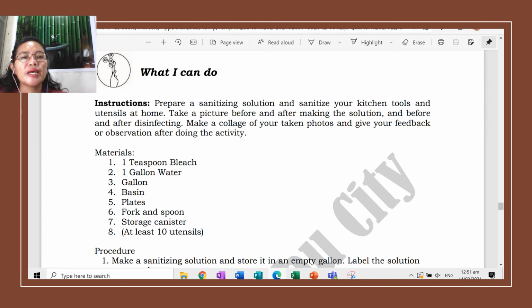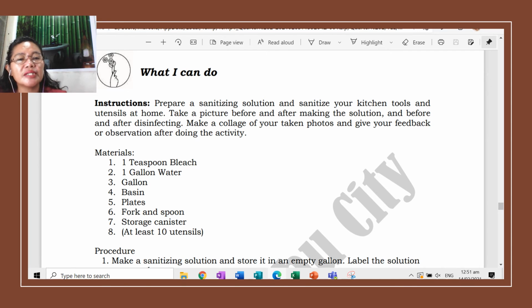You are going to make a collage. Take a picture, then after, make. The direction is very important and instruction is very important. Then you are going to send your collage or your picture to my FB account, which is Teacher Marcella. If you are going to pass late, minus 10.